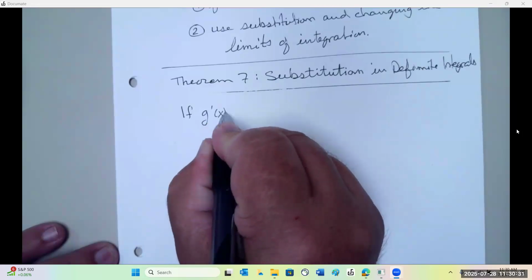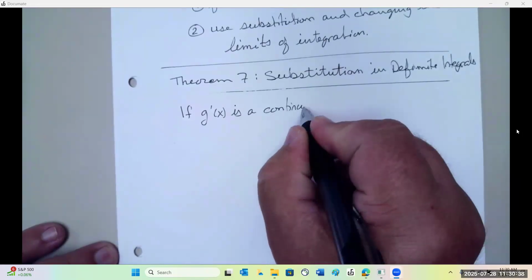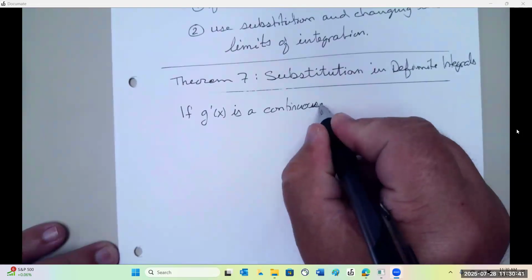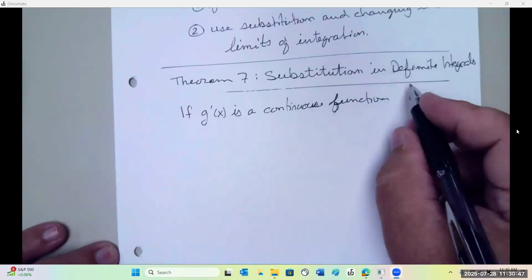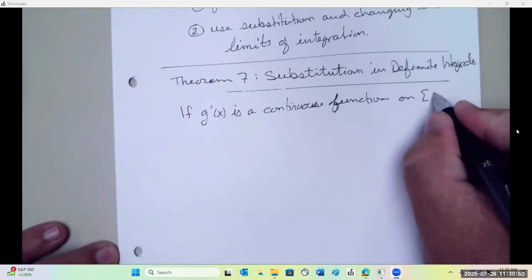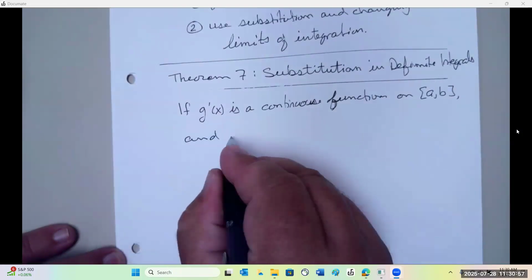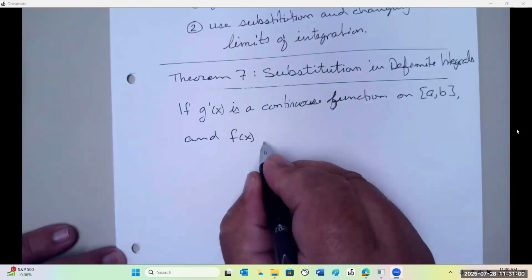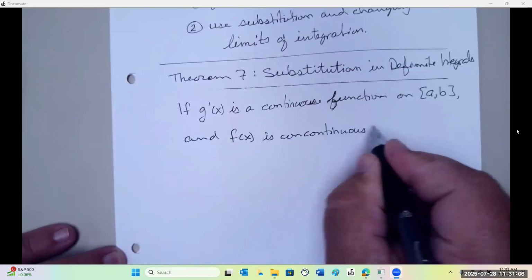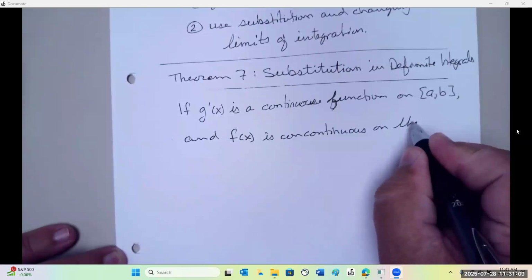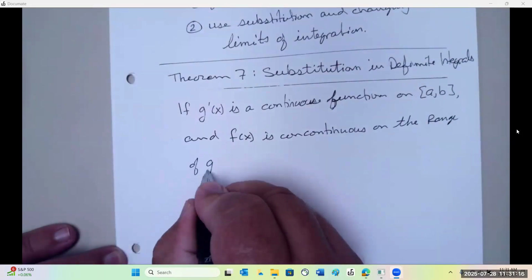If g prime of x is a continuous function on some closed interval AB, and f of x is continuous on the range of g of x.